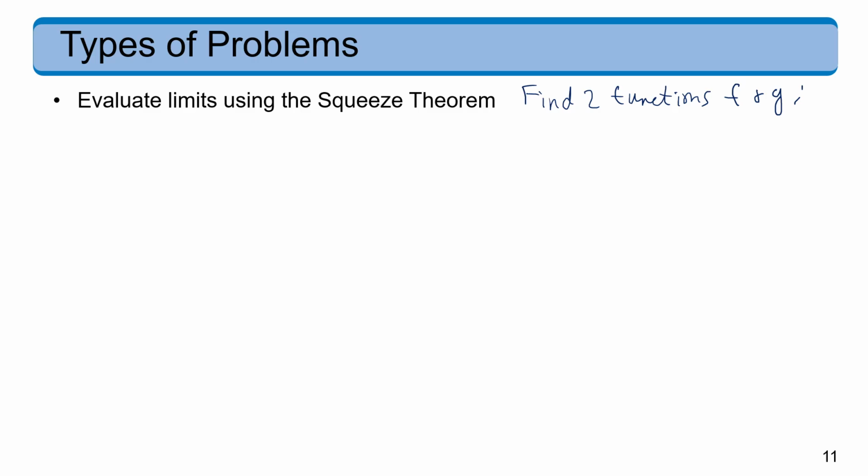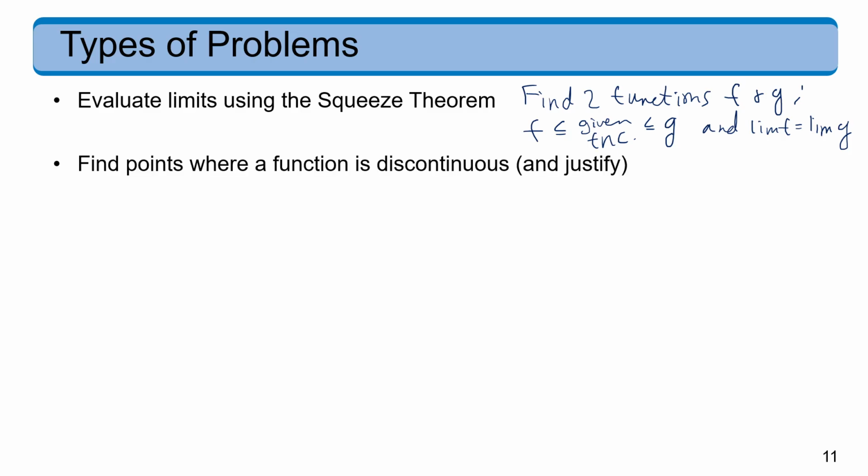First of all, your function has to be between f and g, and the limits of f and g have to be the same. If you can find these two functions, f and g, that satisfy that, then the limit of your function has to be the same as the limits of f and g.